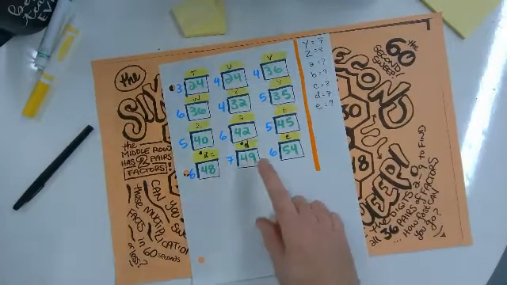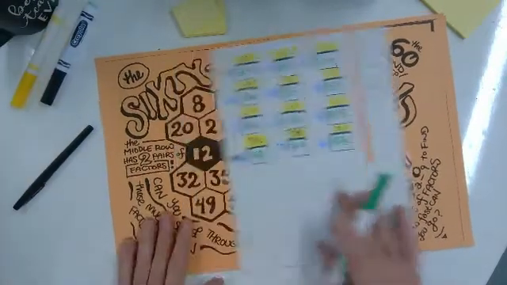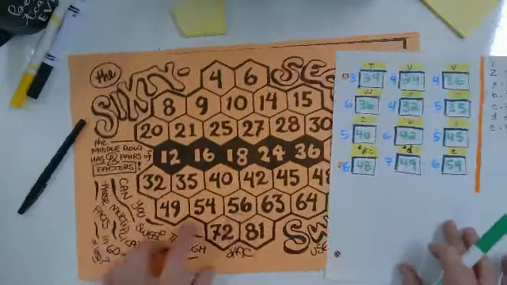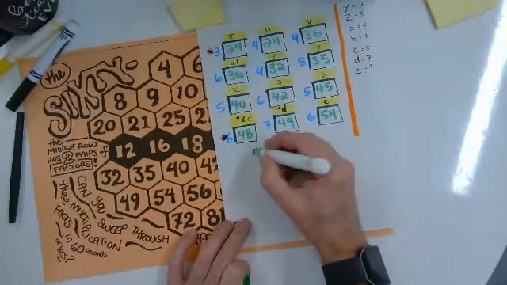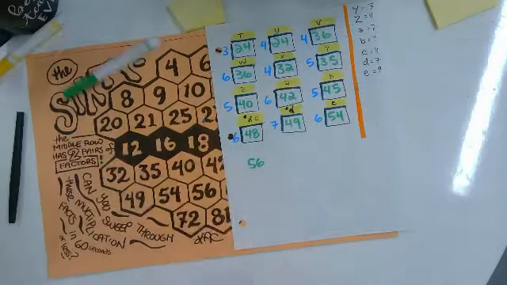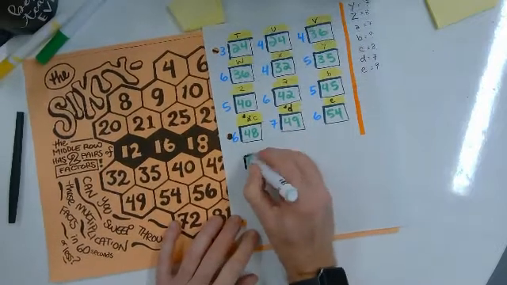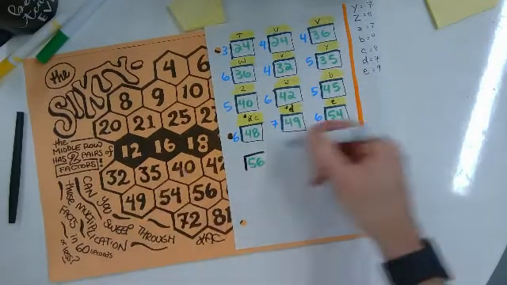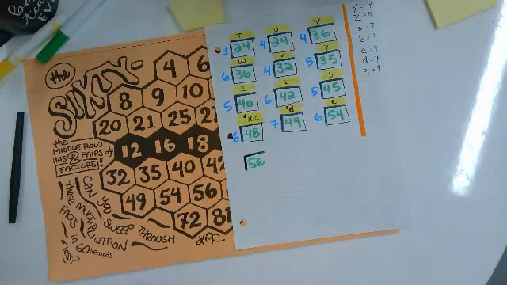Now here's the reason I'm doing the bold and the thin lines. I want to ease students into division because a lot of students get flustered with this. What does that mean?